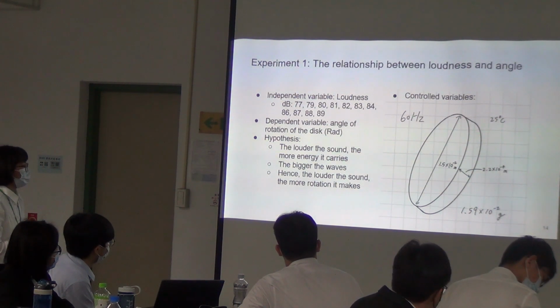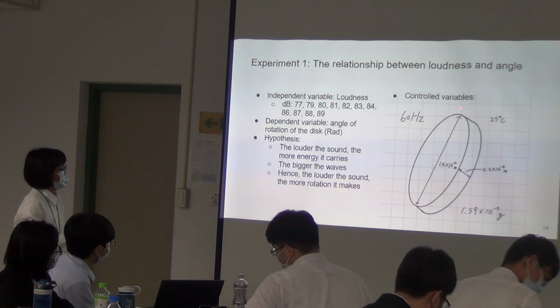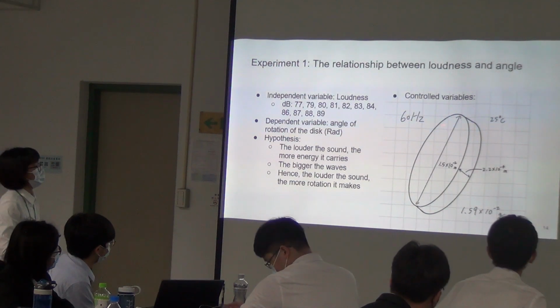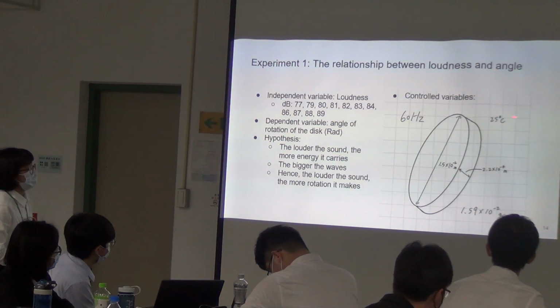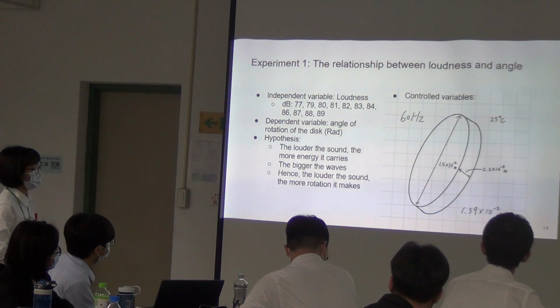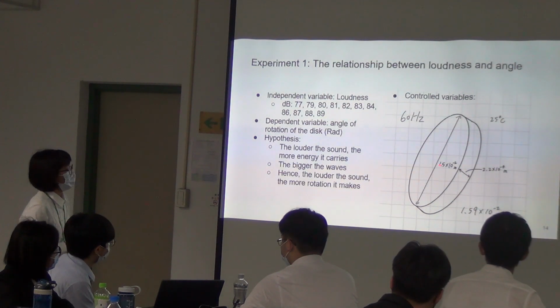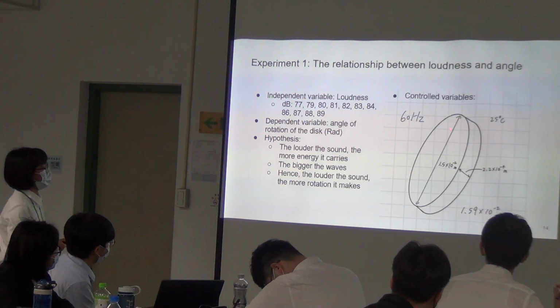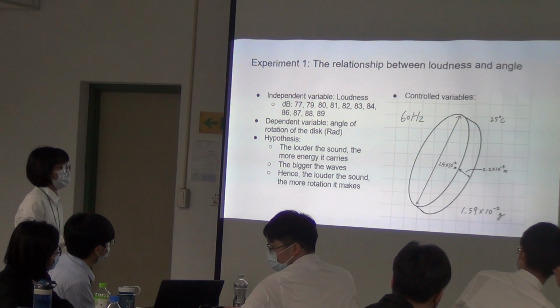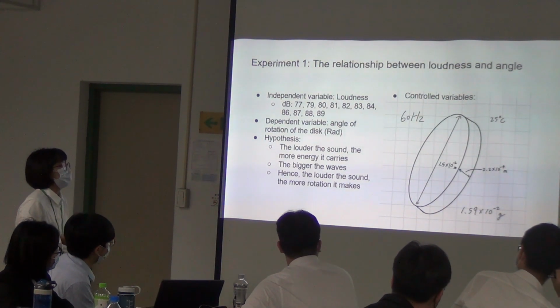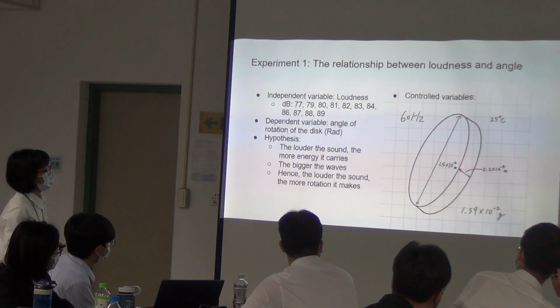Hence, the louder the sound, the more rotation it makes. And these are the control variables: 60 hertz, temperature is 25 Celsius, and the radius is 7.5 times 10 to the power of minus 3. And this is the thickness. This is the weight of the disc.